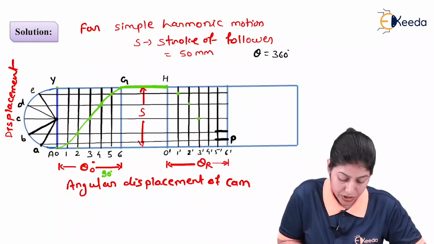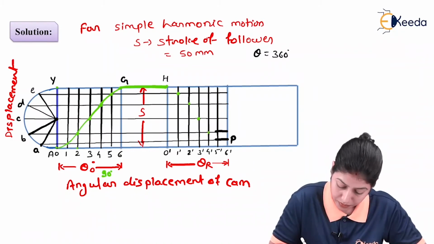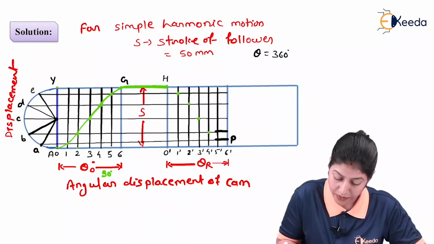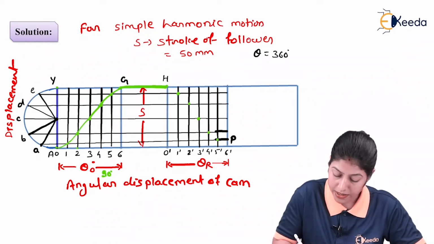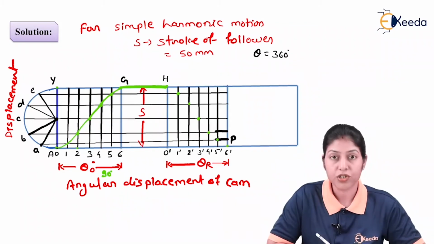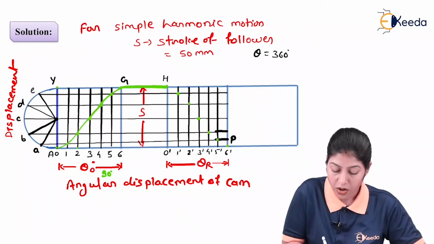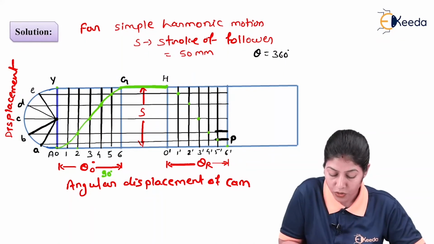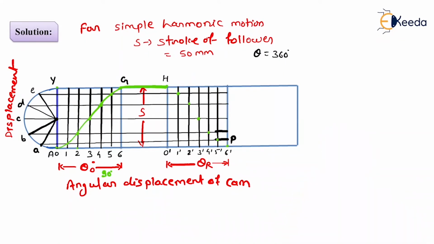For 4 dash and B, this will be the intersection point, and for A and 5 dash, this will be the intersection point, and for A and 6 dash, this will be our intersection point. So we will mark all other points, and here we will join these points to form the displacement curve.